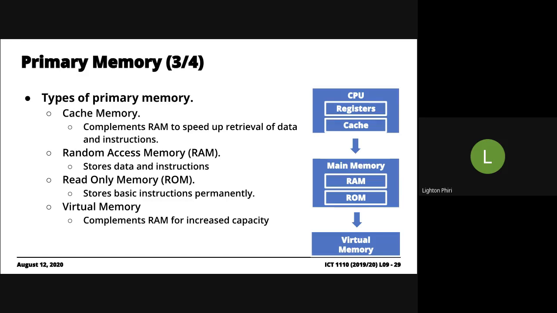And then there's also so-called virtual memory, right? Because RAM is expensive, there's a technique that you can use to convert portions of your existing cheaper secondary storage so that it's viewed by the operating system as being part of RAM.